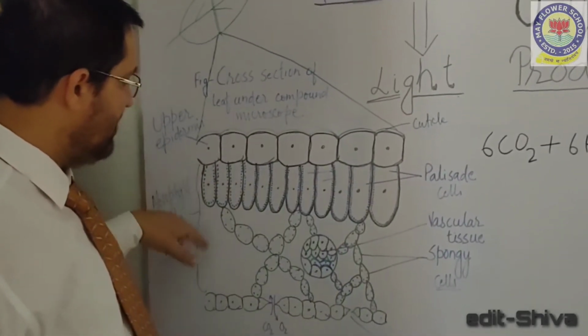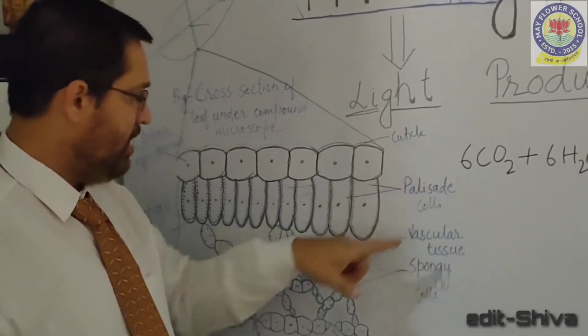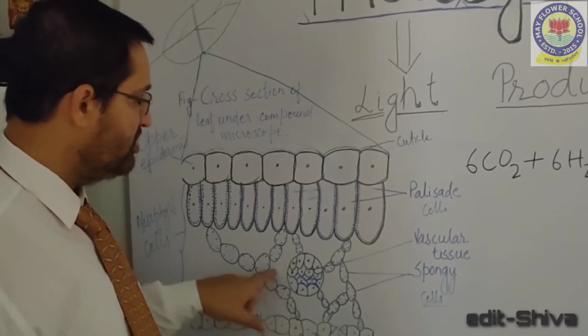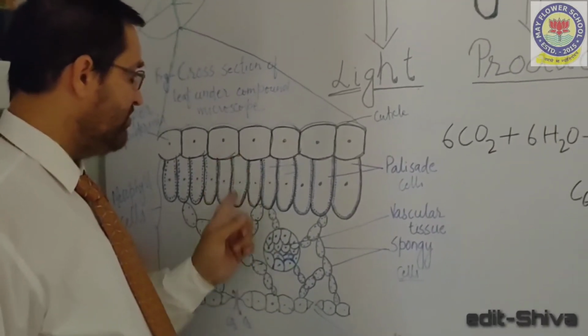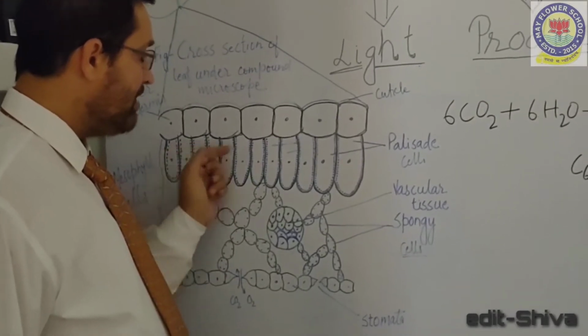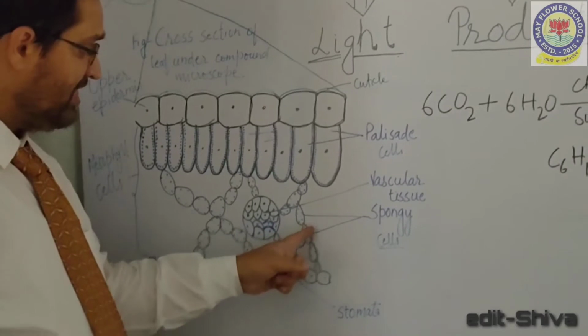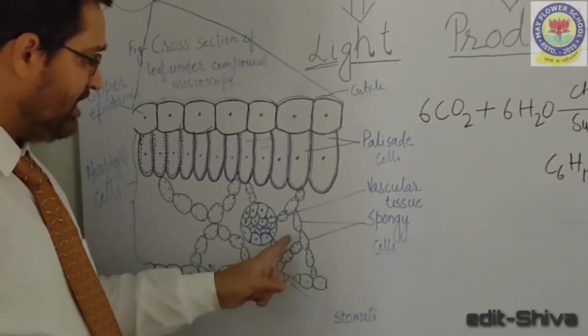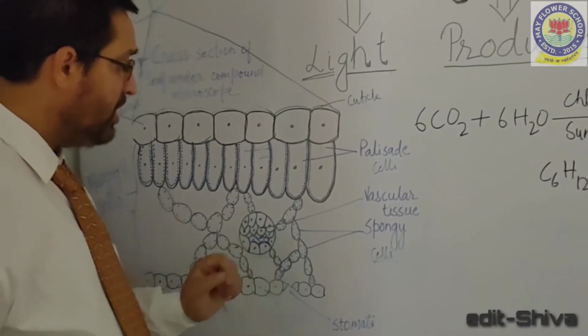This mesophyll cell is of two types. One is palisade cell and the other is spongy cell. Palisade cells are cylindrical in shape and compactly packed, while spongy cells are spherical in shape and loosely packed.